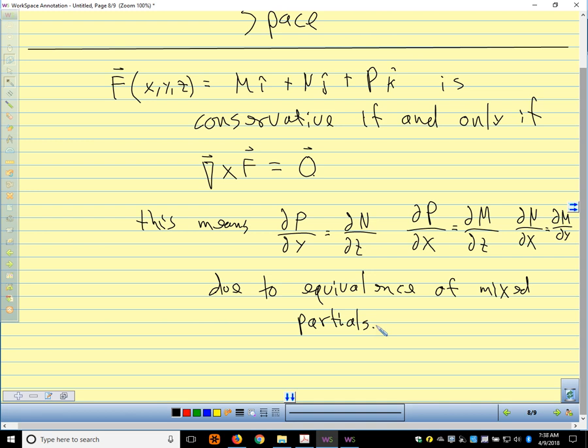All right, so for this next problem, I want to set it up. I want to talk about the problem-solving procedure, but we're not going to go through the process. So our test for conservative vector fields in space is the curl equal to the 0 vector.